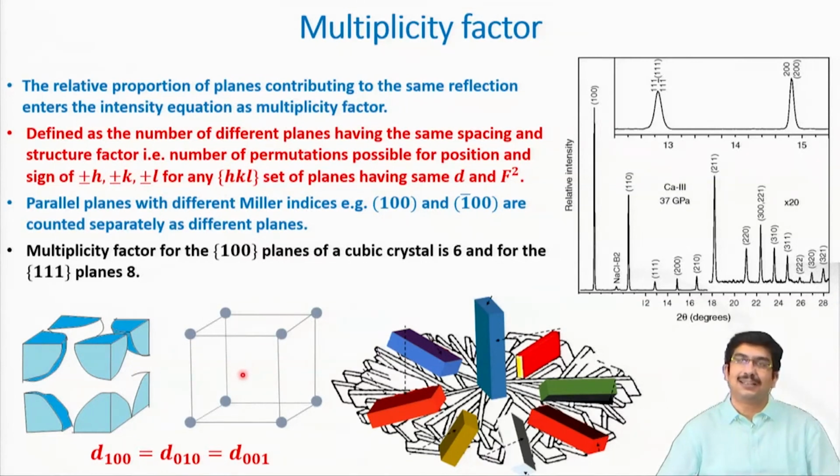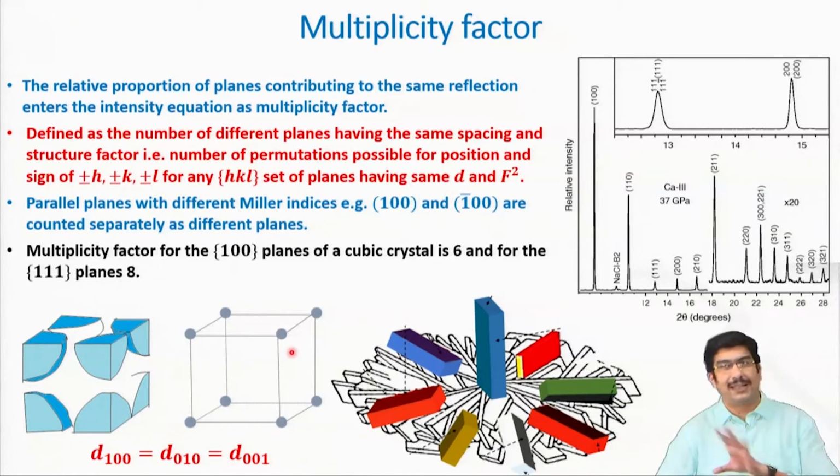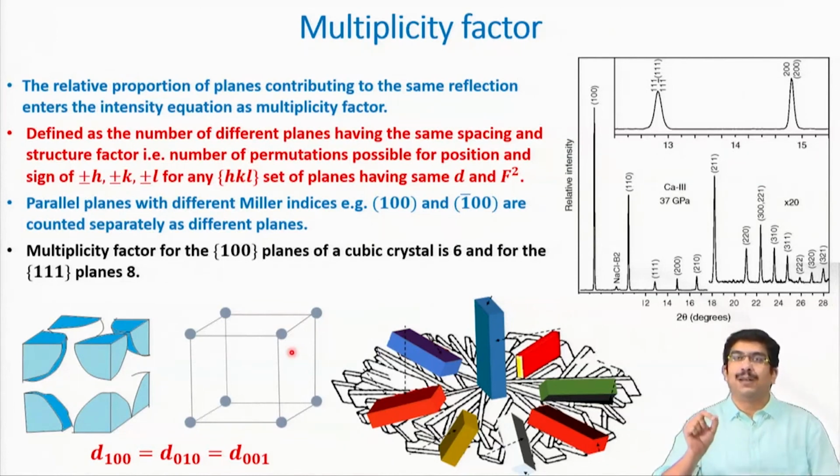They will have the same d value, because everything is the same here. The distance between these 2 planes, these 2 planes and these 2 planes is exactly the same. The interplanar spacing is the same, so they will satisfy Bragg's condition exactly at the same 2 theta position.